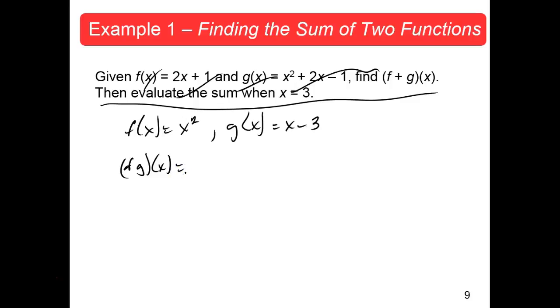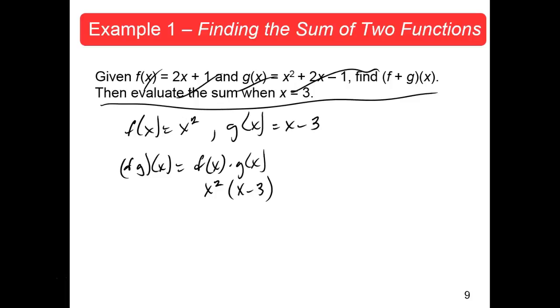And what is fg of x? Multiply together. F of x times g of x. And that's pretty simple to write down. What would that be? F of x is x squared times g of x is x minus 3. When you're multiplying, quite often you use parentheses for that.